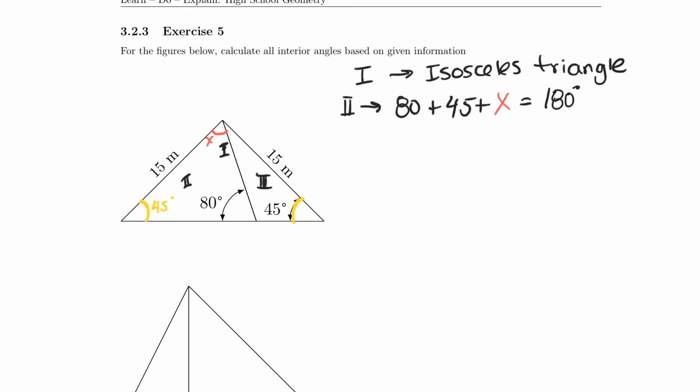So, okay, we have that x then is equal to 180 degrees minus 80, that will be 100, minus 45, that will be x equal to 55 degrees. Okay, so this angle right here will be 55 degrees.